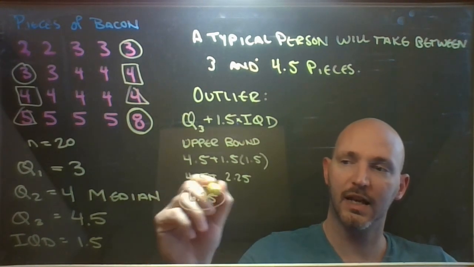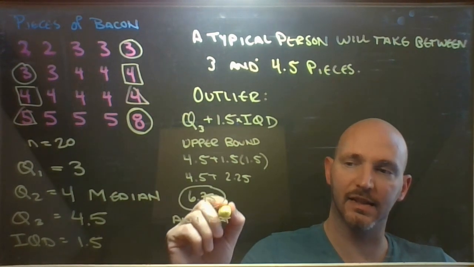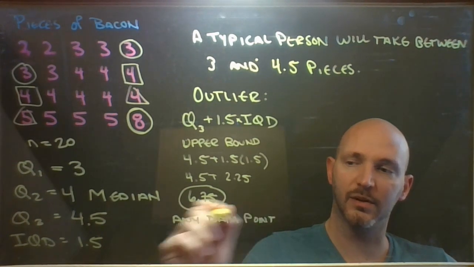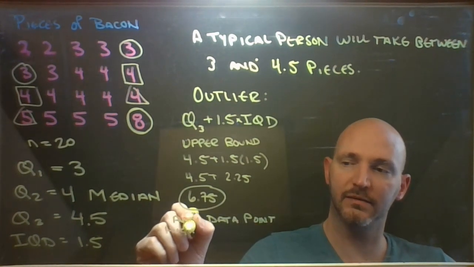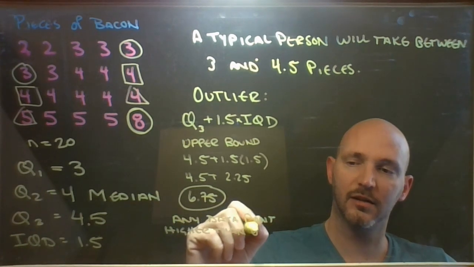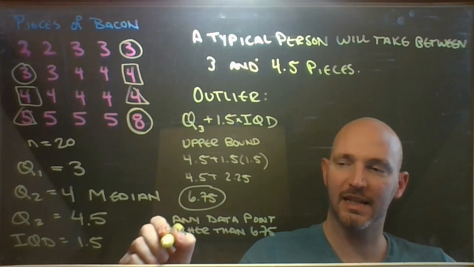So any data point higher than 6.75, I can't write as quickly as I speak, is an outlier.